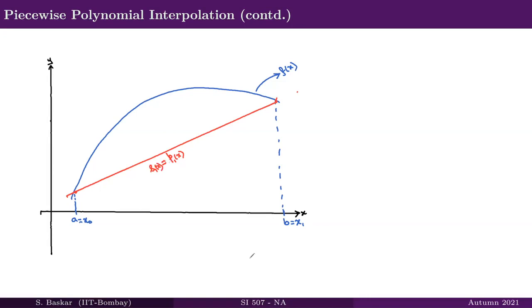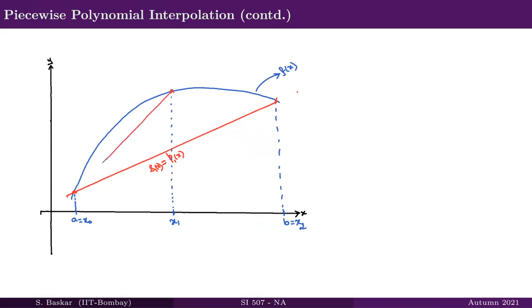Now let us introduce one more point in our set of nodes and call that x1. Therefore you have x0, x1 and x2, which is b. With this we can obtain two linear polynomials, one in the interval x0 to x1 and another in x1 to x2. Patching them together, we get a piecewise linear polynomial. Let us denote it by s2.